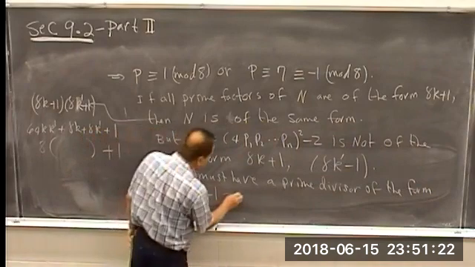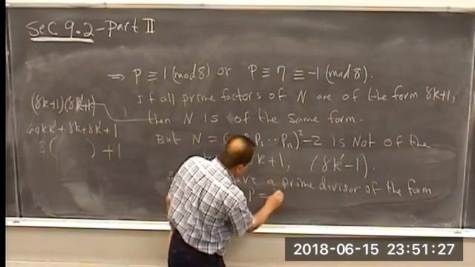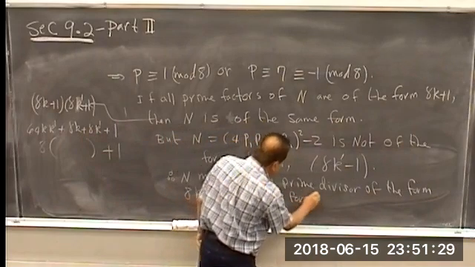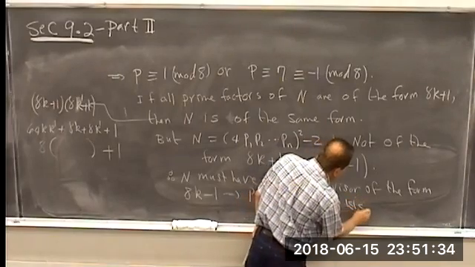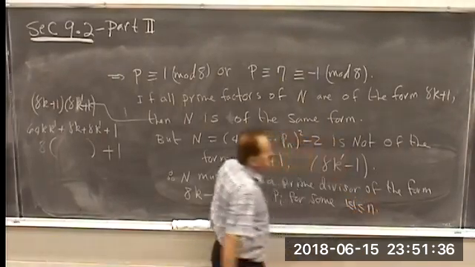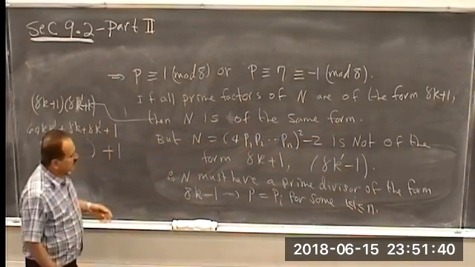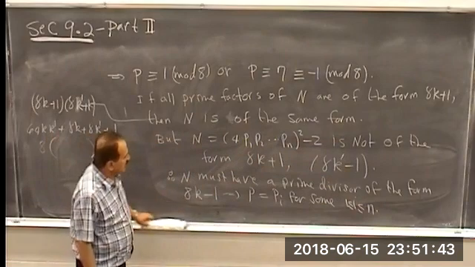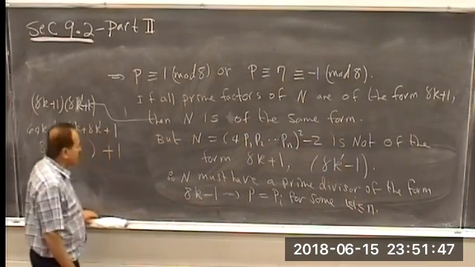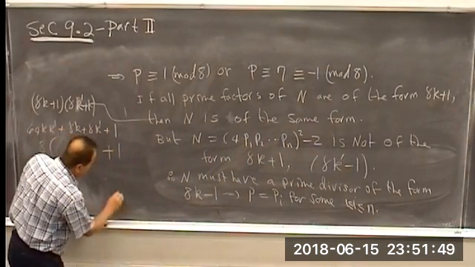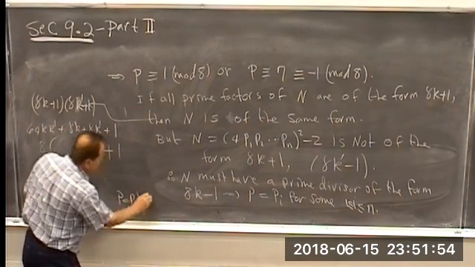And this means that the P itself must equal a P sub i for some i between 1 and n. It's going to be one of those P sub i's, which form a complete list of all the primes of the form 8k minus 1. Now we have the situation that P, which is equal to P sub i, divides n.